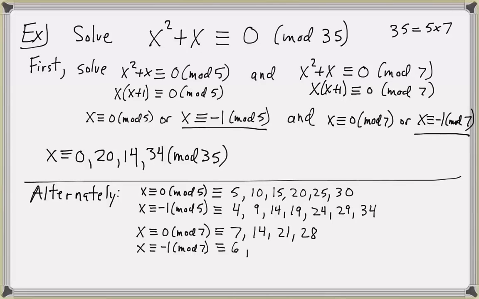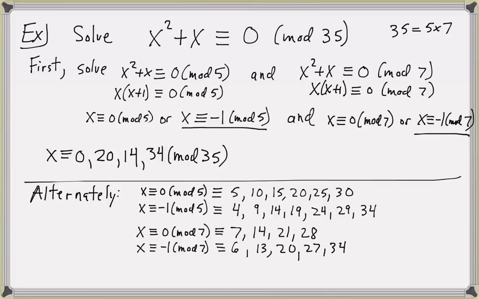It's going to be 6, 13, 20, 27, and 34. So remember, we have to combine a solution mod 5 with a solution mod 7. So x has to be congruent to 0 or negative 1 mod 5, and x has to be congruent to 0 or negative 1 mod 7.